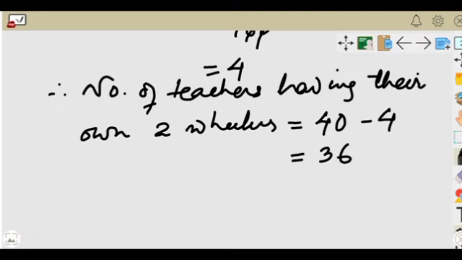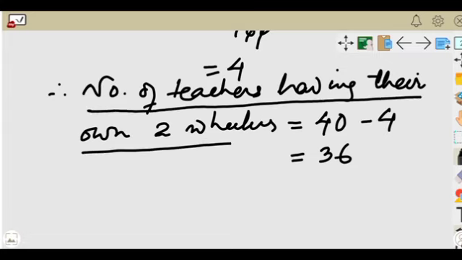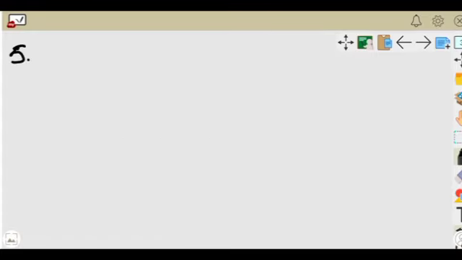But as per this question number 4, the question is telling us to find the number of teachers having their own two-wheelers. Therefore, we write here number of teachers having their own two-wheelers is how much? 36.